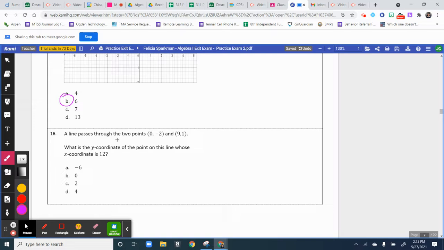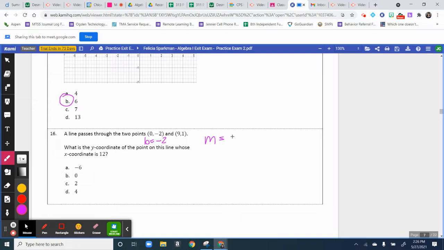A line passes through 2 points, (0, -2) and (9, 1). What is the y-coordinate of the point on this line whose x-coordinate is 12? So we need to write an equation. So we have our y-intercept, right? So b is -2. Now we need to find our m.